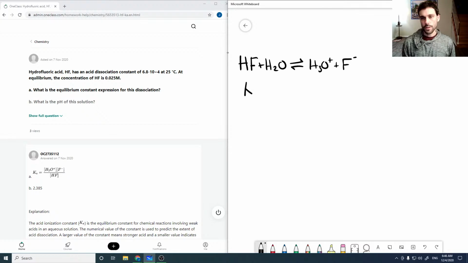Our equilibrium expression then is going to be products over reactants. And we don't include water in here as it's our solvent, so it's basically everywhere. It'll be the same top and bottom, and so it'll cancel. And so that's our equilibrium expression for HF.